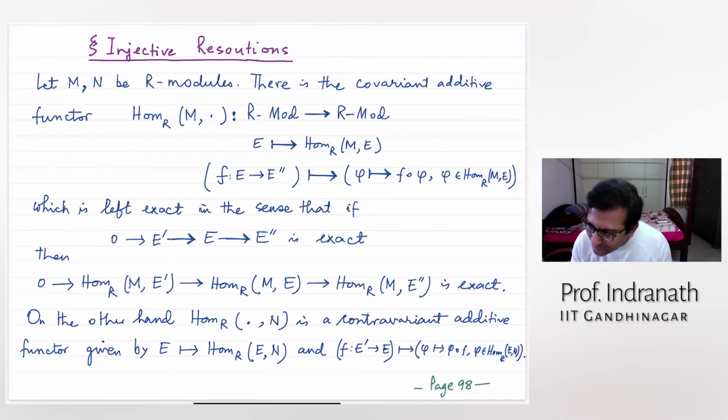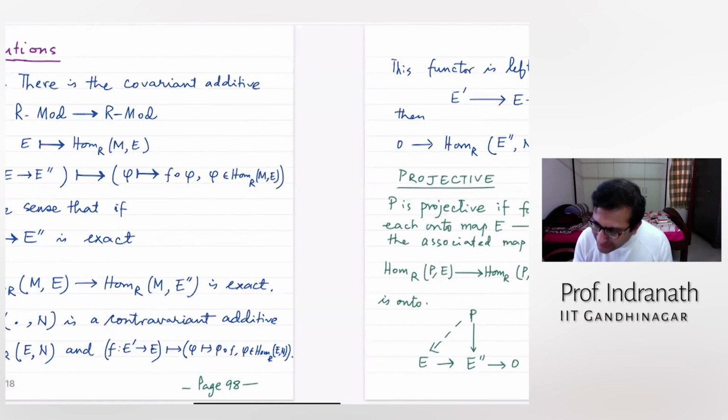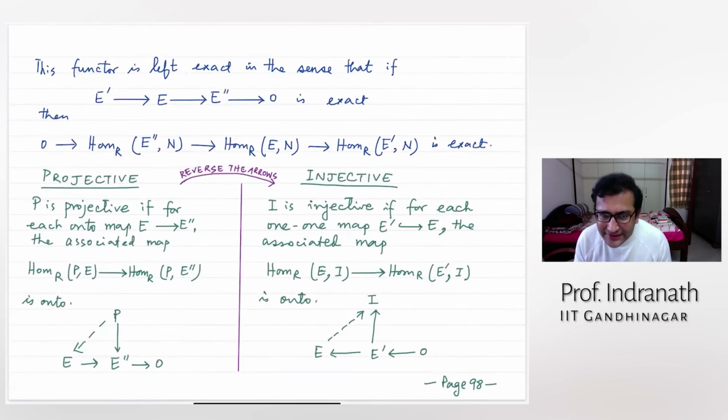So injective resolution is, first of all, here you have the projective, and the injective is just the dual picture of it. So projective was this: P is projective if for every onto map from E to E double dash, the associated map on Hom is onto. And injective is you just reverse the arrows. So for every injective map, the associated map is onto.